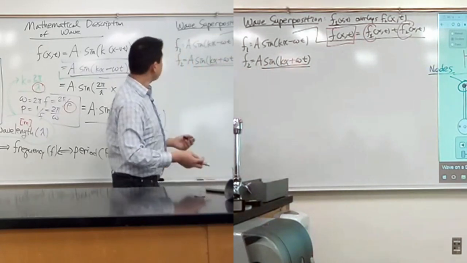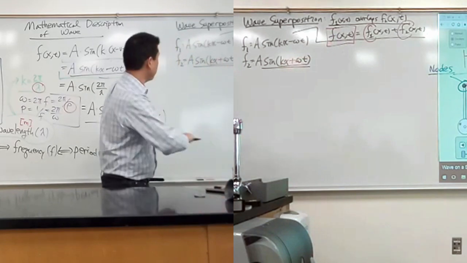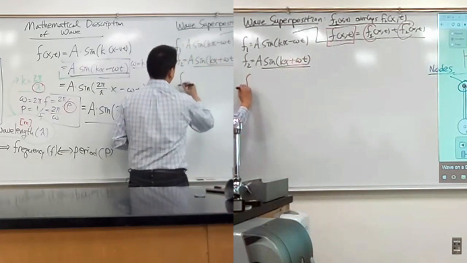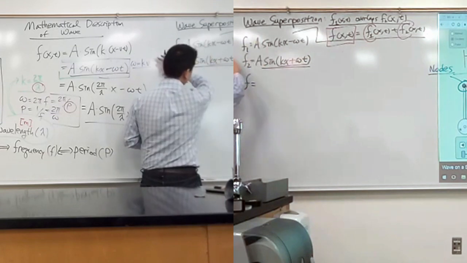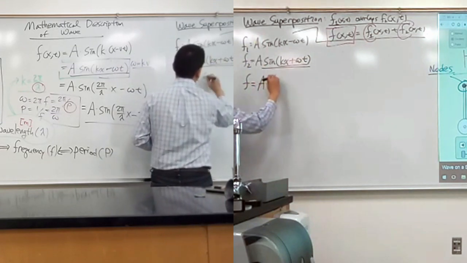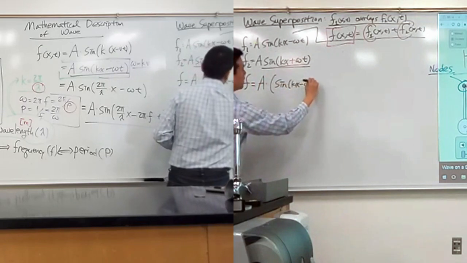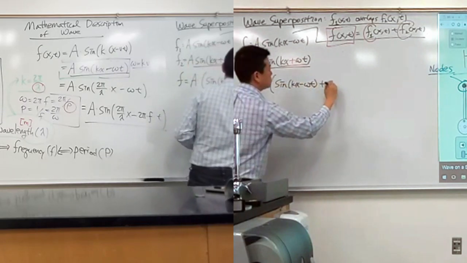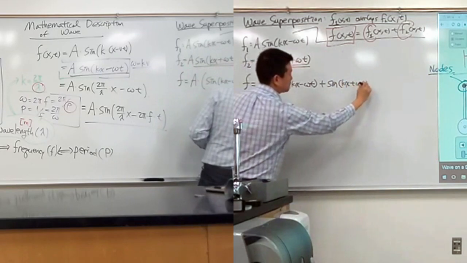Okay? So, all right, let's write down what f is using wave superposition. F is equal to this plus this. So I can factor out a times sine of kx minus omega t plus sine of kx plus omega t.